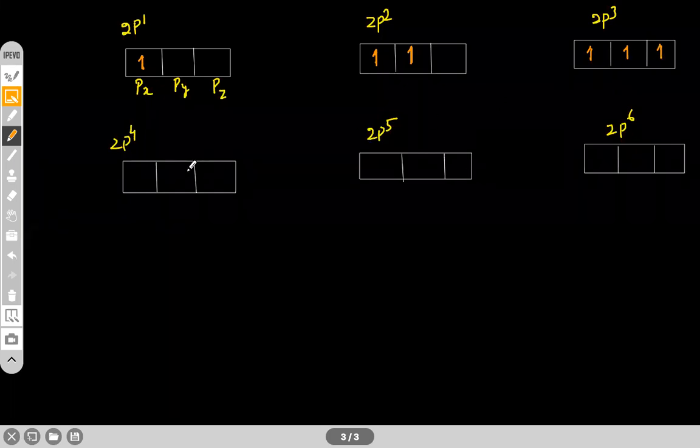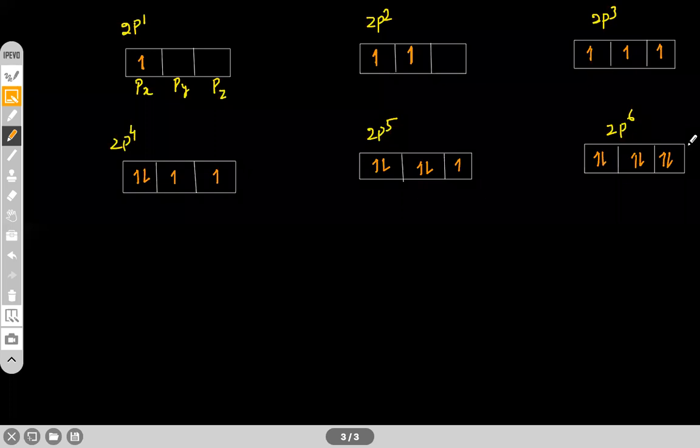This is 3. If you have 2p4 configuration, then first electrons occupy all the orbitals one by one, and then the pairing starts like this. Here also, first it occupies all the orbitals, then pairing starts like this. It occupies all the orbitals here, and then the pairing starts like this.